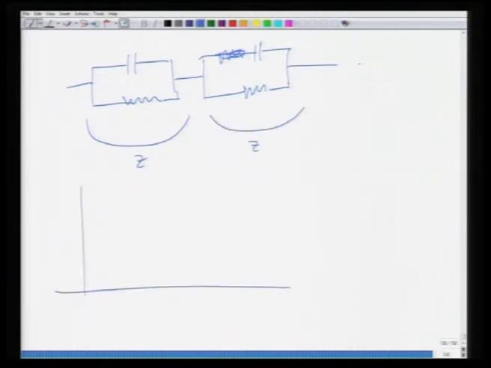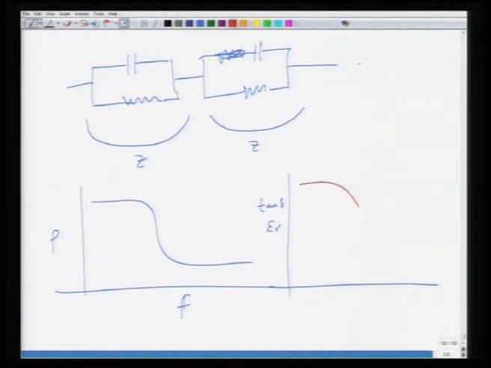So you have a dependence of resistivity on frequency as well, and when you plot the resistivity, it goes through some sort of frequency dependence, and you can also note a similar effect when you plot tan delta as well as the relative permittivity. So the permittivity will, let's say, go like this, and tan delta will go like this. So this can be modeled, and various contributions can be extracted by doing proper analysis of this electrical circuit.